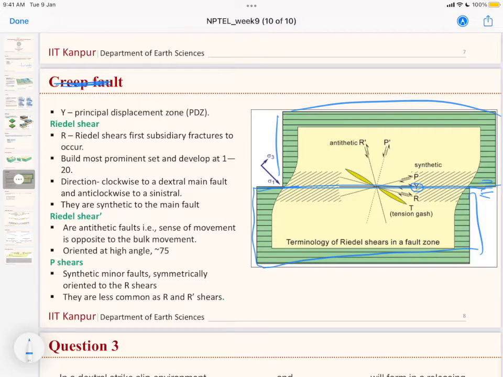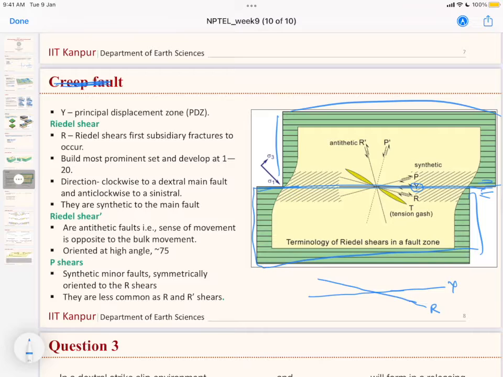These are the radial shear fractures, and we mark them with the abbreviation R. So here we have the principal displacement direction, this is my Y, and this conjugate fault would be my R, that is the radial shear fracture.